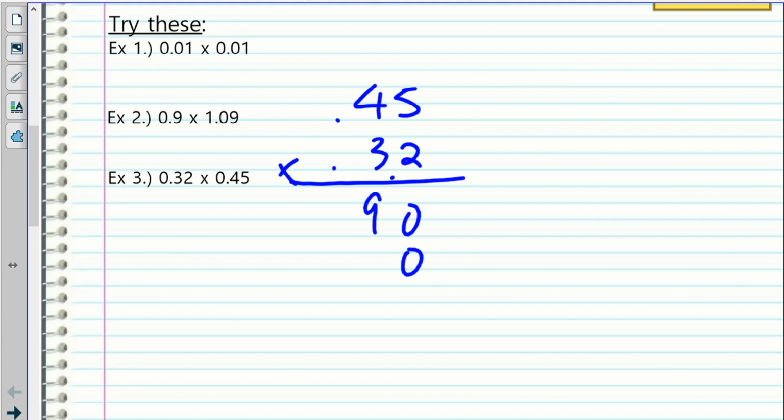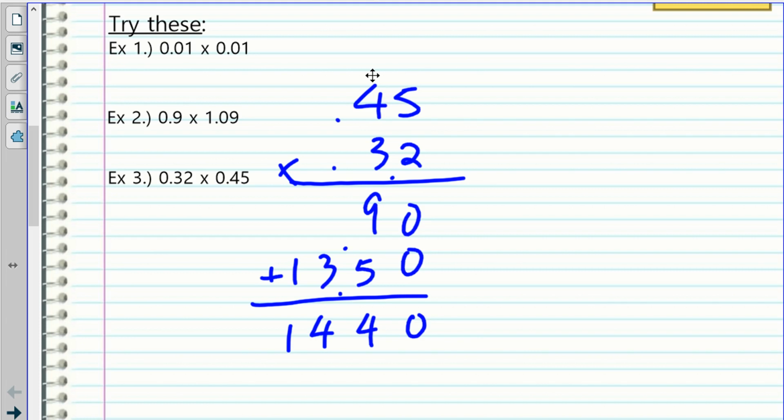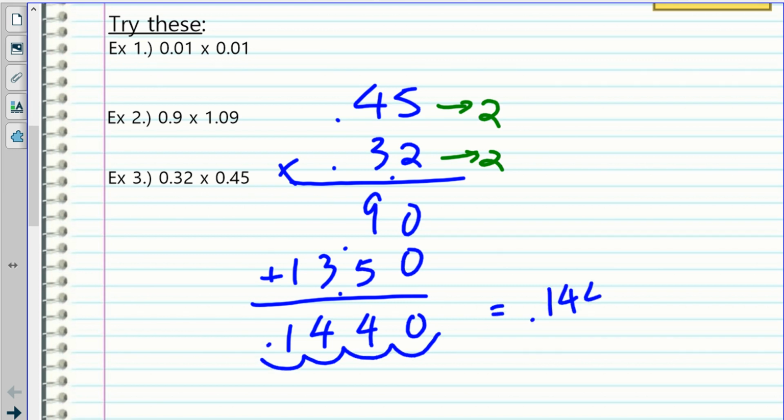Add a 0, let's do the tens place. 3 times 5 is 15. 3 times 4 is 12, 13, let's add them. 0, 9 is 14, 4, 1. Let's see how many decimal places there are. There are 2, so that's 4 total. 1, 2, 3, 4. It's 0.1440 or just simply 0.144.